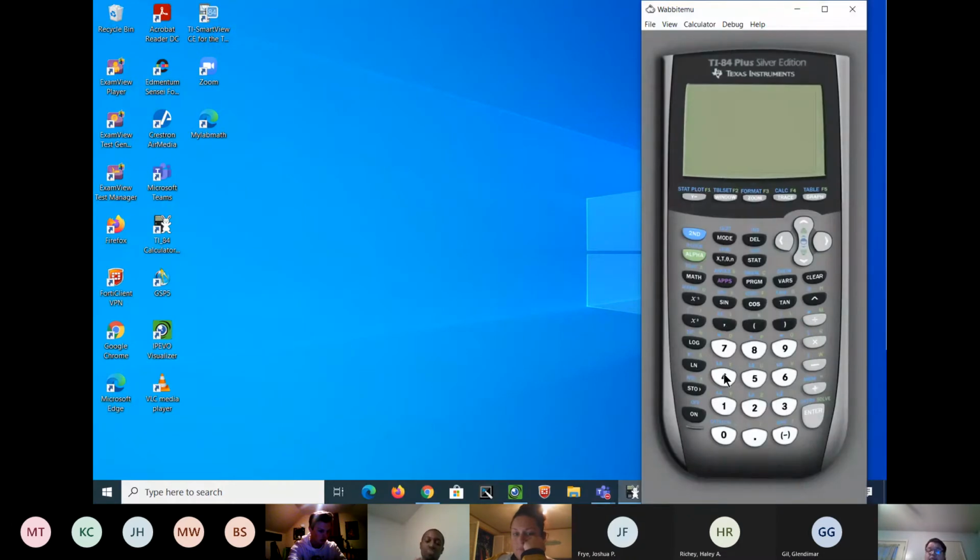Okay. 1 divided by 4.4 is equal to, I'm just going to do 1 minus parentheses 1 divided by 4.4 close parentheses equals 77.27.